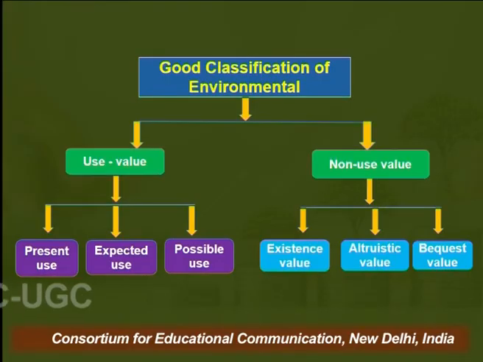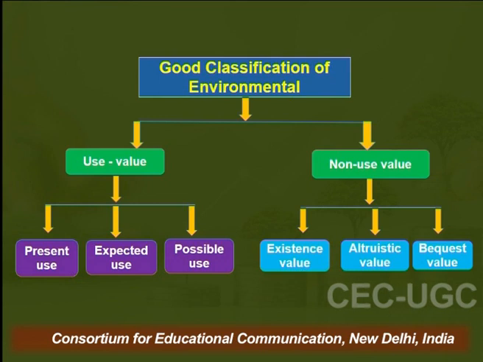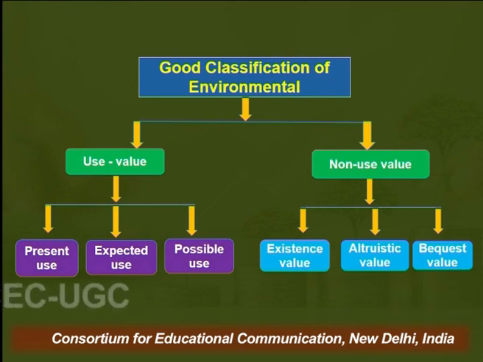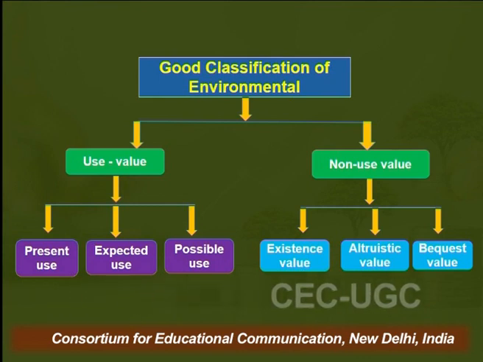One can see the classification of environmental goods in two broad ways: use value and non-use value, as shown on the screen. Use value, as shown in the schematic representation, can be of three varieties: present use, expected use and possible use.